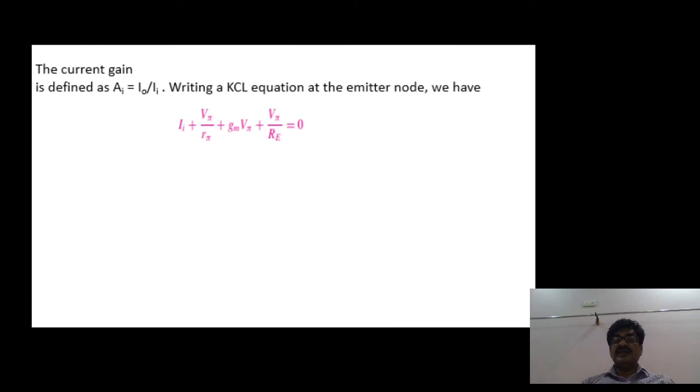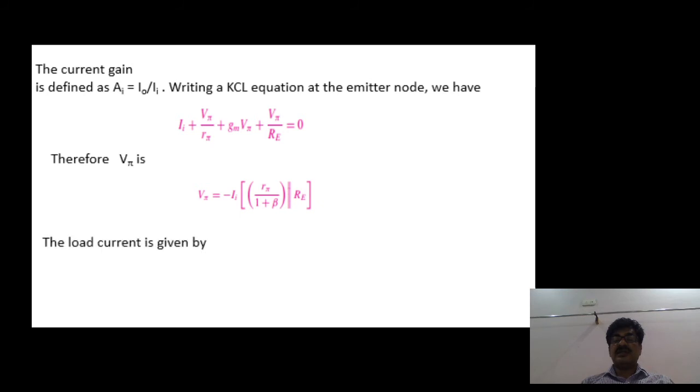Now writing the KCL equation at the emitter node, see the diagram and write the KCL equation: Ii plus V pi by R pi plus Gm V pi plus V pi by Re equal to 0. This is the KCL equation at the emitter node.